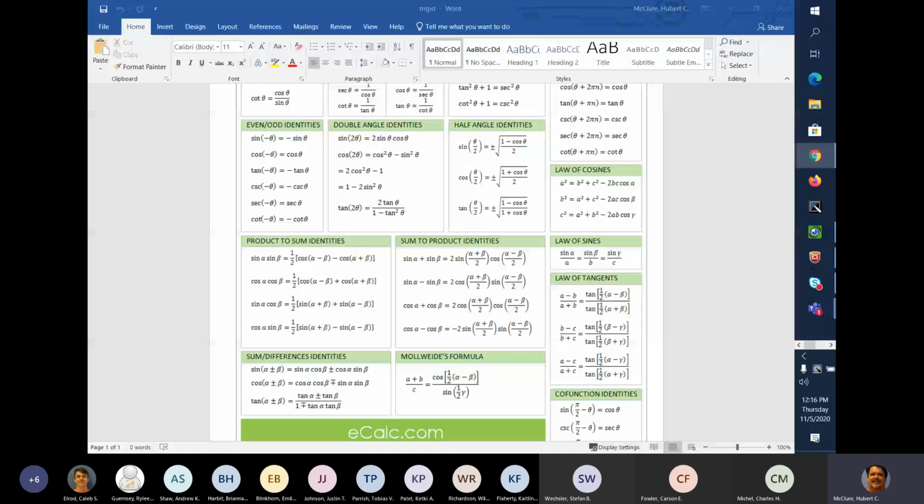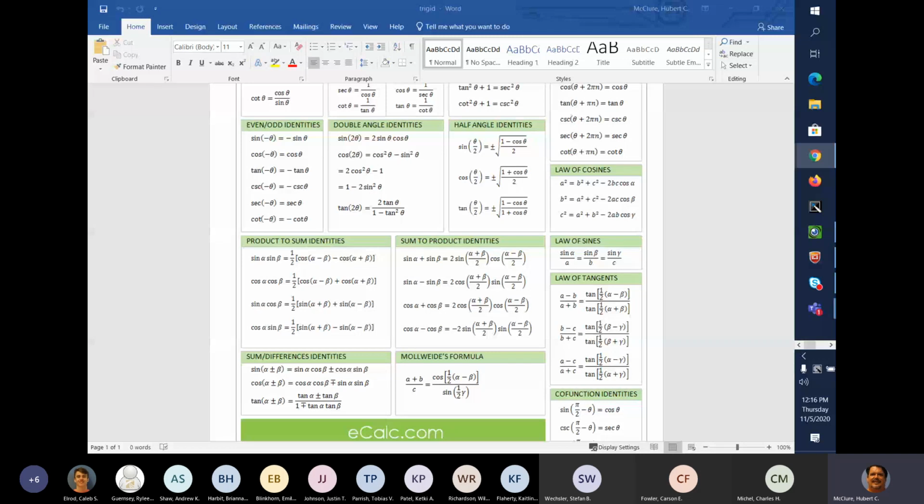So save that image as half number deriv, D-E-R-I-V. In other words, they derive. Okay, and I'll put this on a Word document.